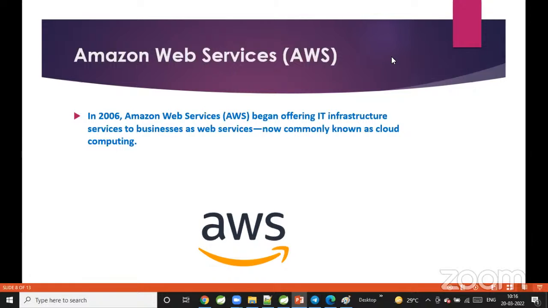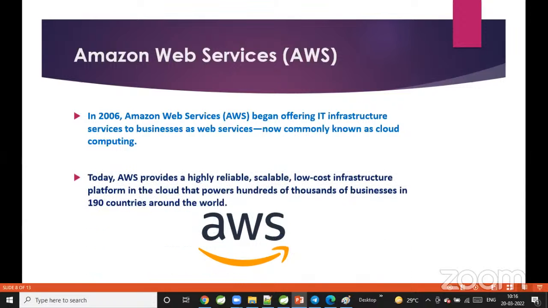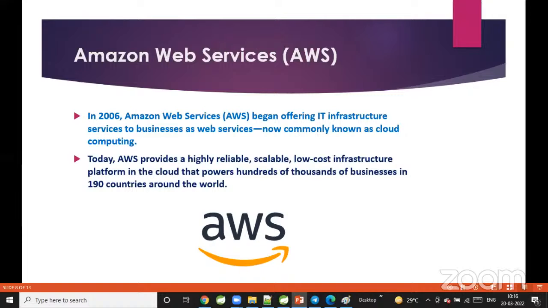In 2006 only, Amazon offered IT infrastructure services to business as a web service. Now we are calling it cloud computing. Today, AWS provides a highly reliable, scalable, low-cost infrastructure platform in the cloud that powers hundreds of thousands of businesses in 190 countries across the world.